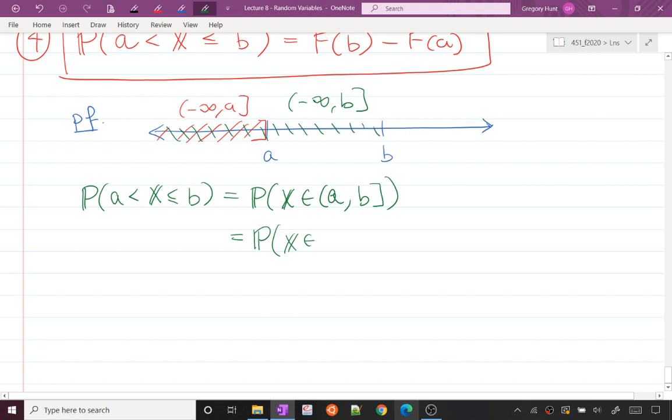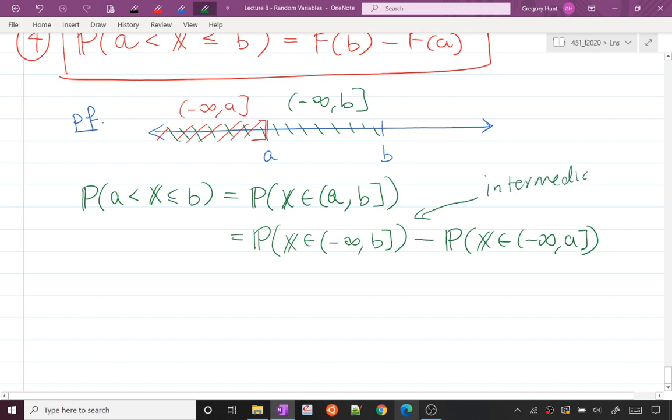I'll let you justify the intermediate steps, but you could say that this is the probability that x is in negative infinity to b minus the probability that x is in negative infinity to a.